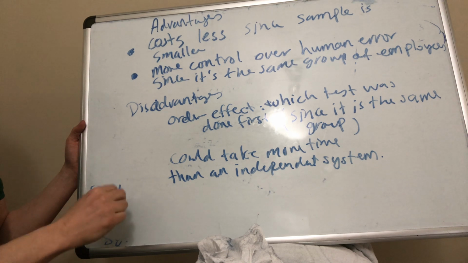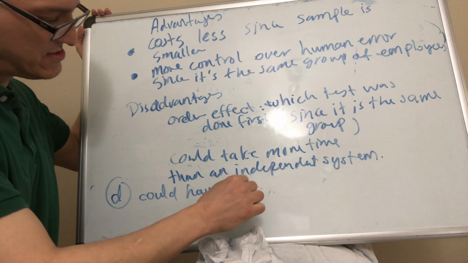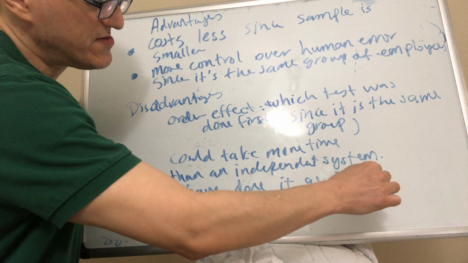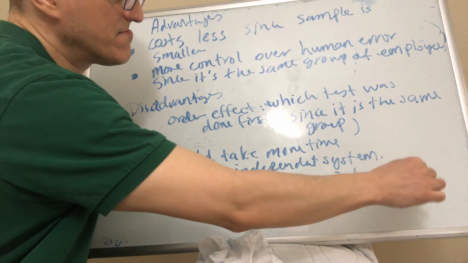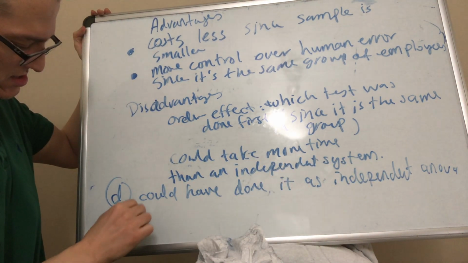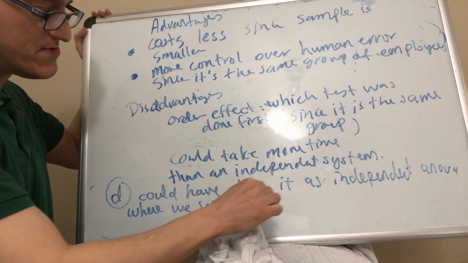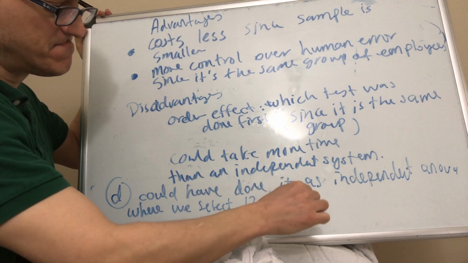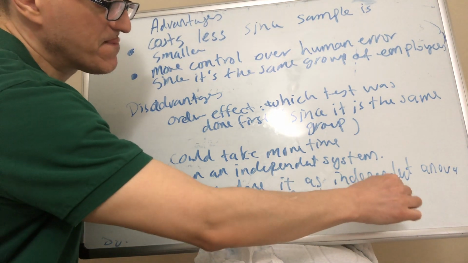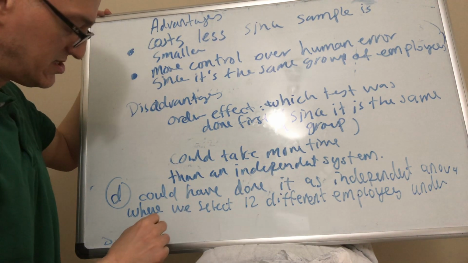You say, could have done it as independent ANOVA, where we select 12 different employees under each category.